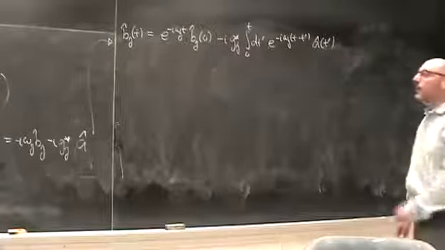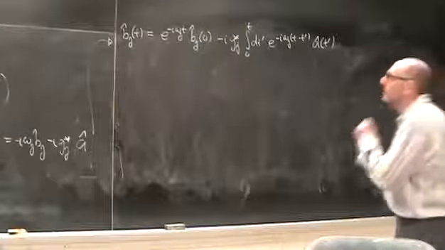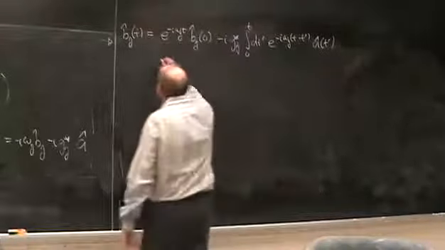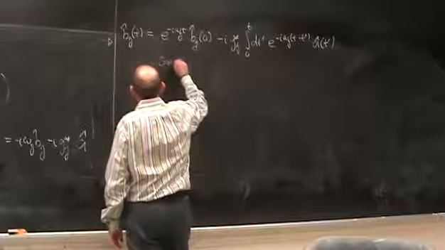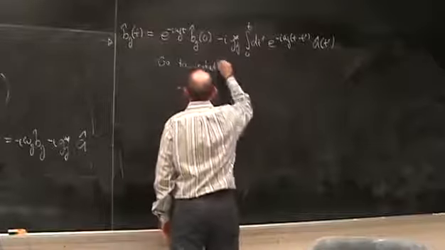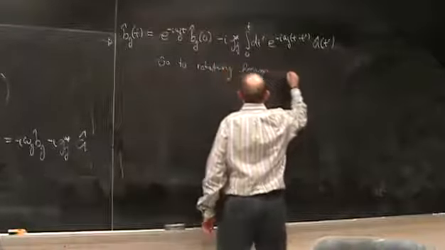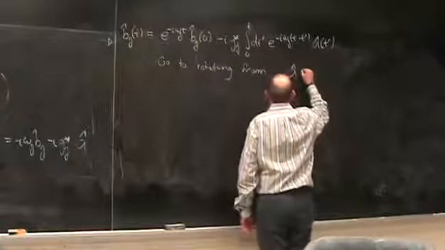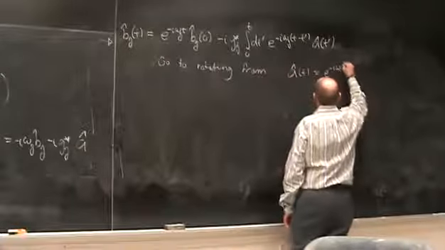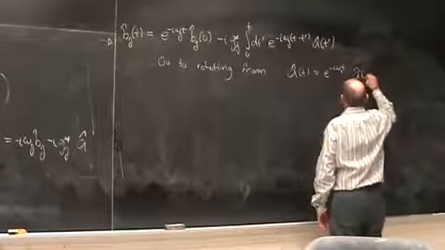Okay, so now to make life simpler, I'm going to go to a rotating frame. It's equivalent to a kind of interaction picture. Let me define a of t as the free evolution and then a slowly varying envelope.